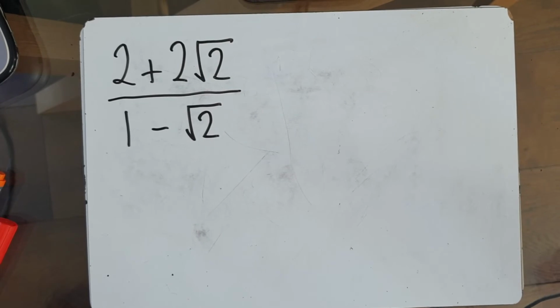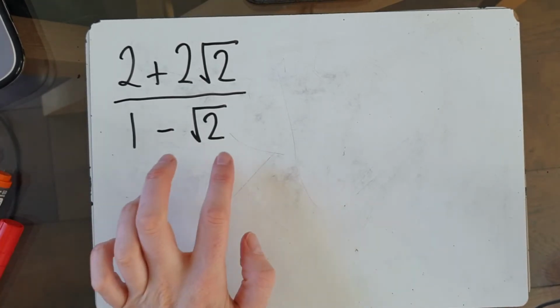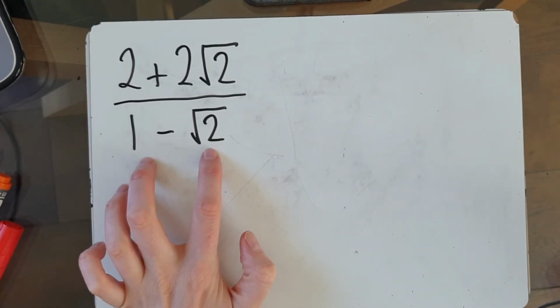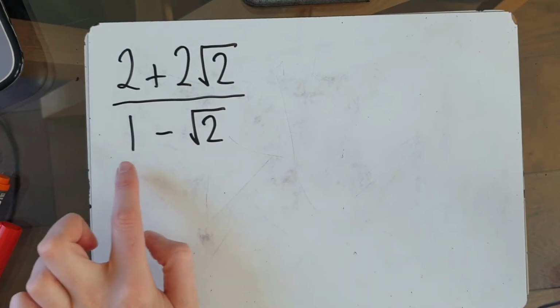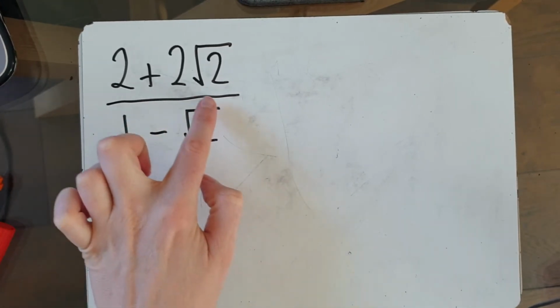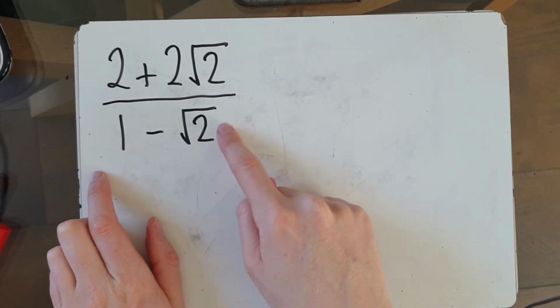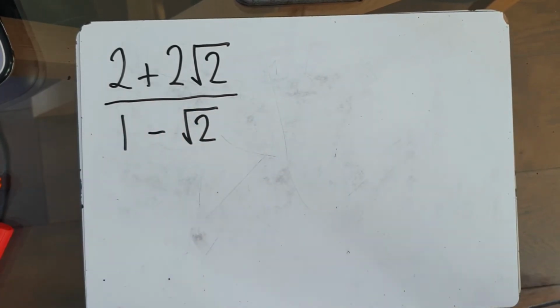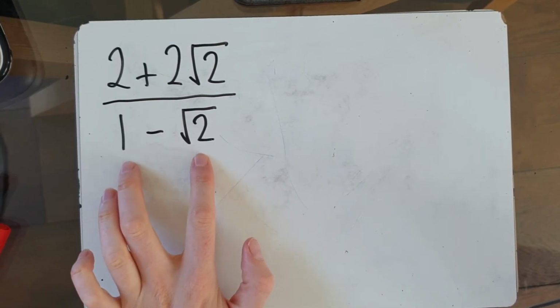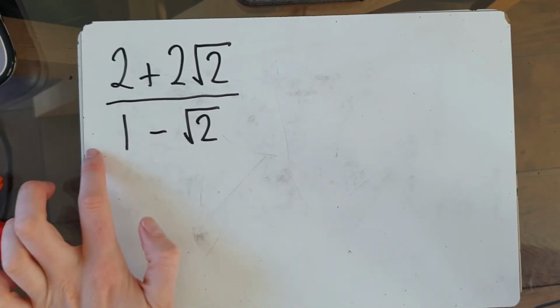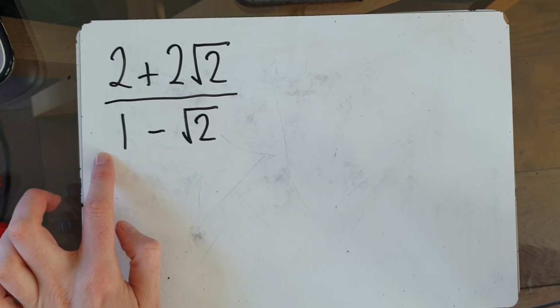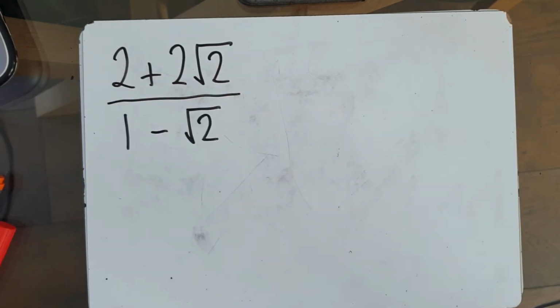Where we have an expression like this, we've still got an irrational denominator because there is a surd. We cannot express this as an integer or a fraction with integer parts. So this denominator is irrational. We want to multiply this by something to turn this into an integer, and we will multiply the numerator by the same thing.